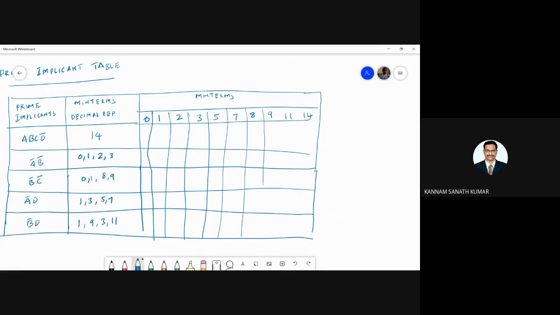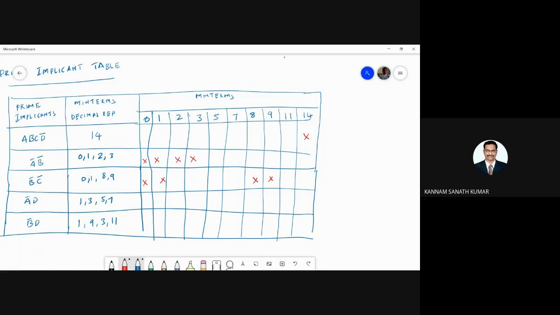You should, wherever the min terms are there, make the cross mark. Okay, so here in 14 the min term is there, and the min term is there in 0, 1 and 2, 3. Okay, and here 0, 1, 8, 9.